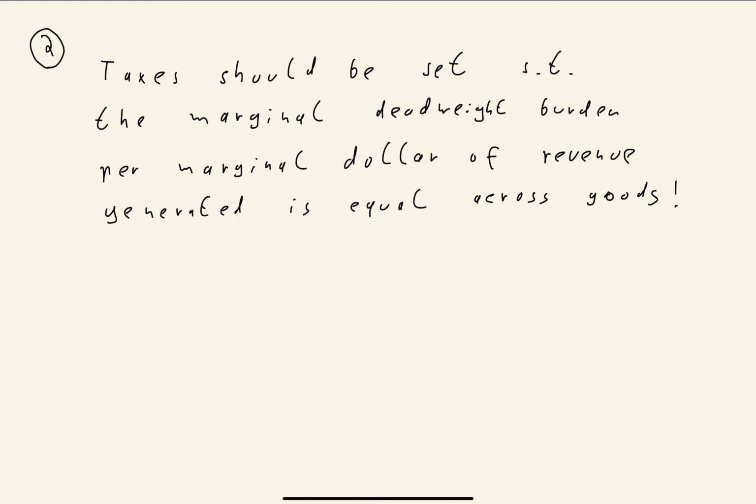Because if this wouldn't be the case, then you could reset taxes in a way such that you could have a decrease in the marginal revenue, which would induce a loss in marginal deadweight which is lower compared to the other goods.